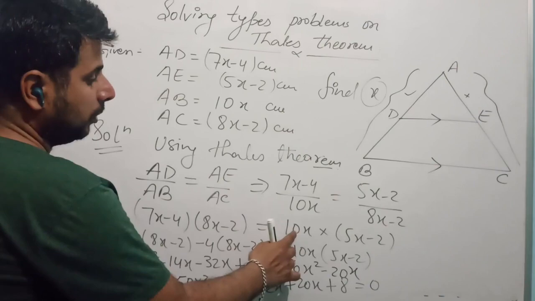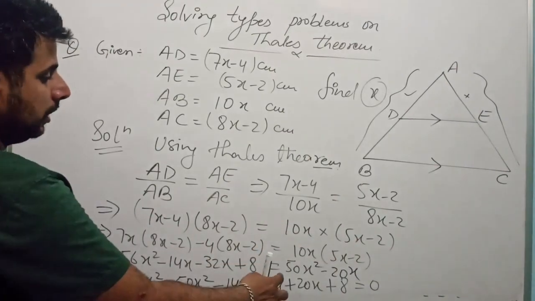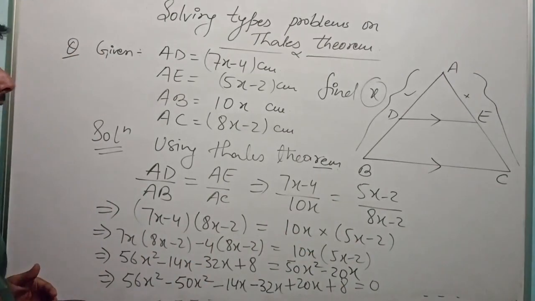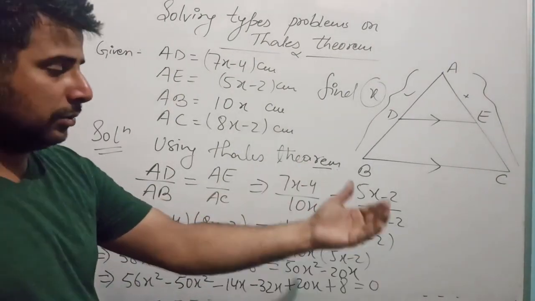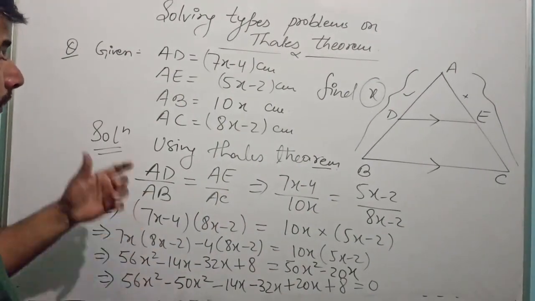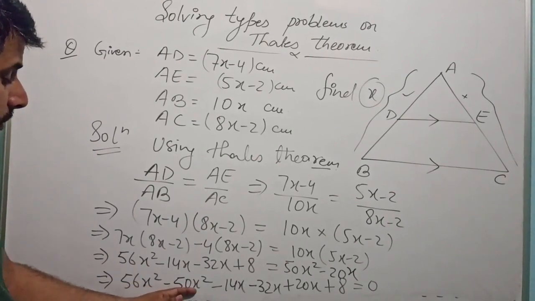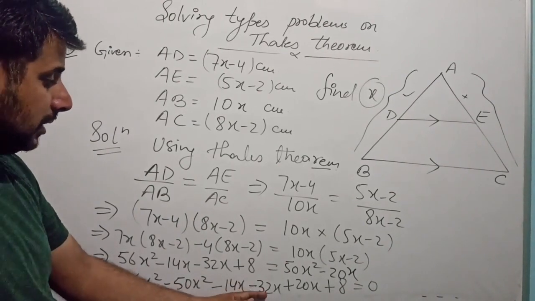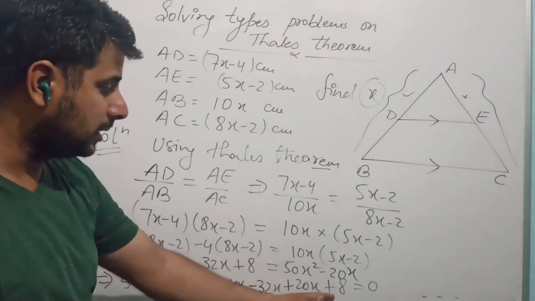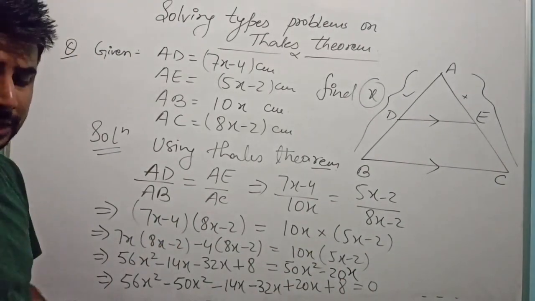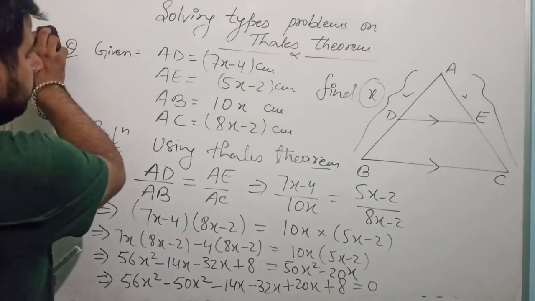Similarly here the monomial will multiply to the binomial, you did it. Now you have brought all the like terms from the second side to the first side. So your equation will be 56x square minus 50x square minus 14x minus 32x plus 20x plus 8 equals to 0. Right?